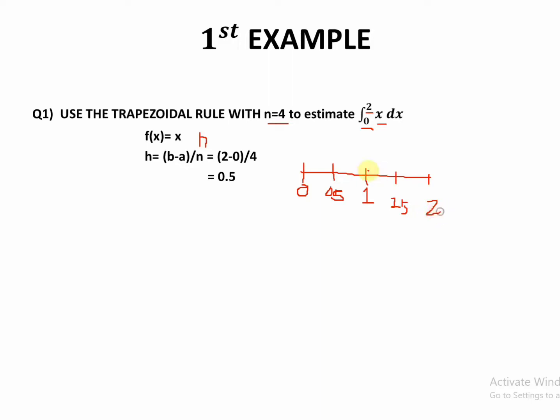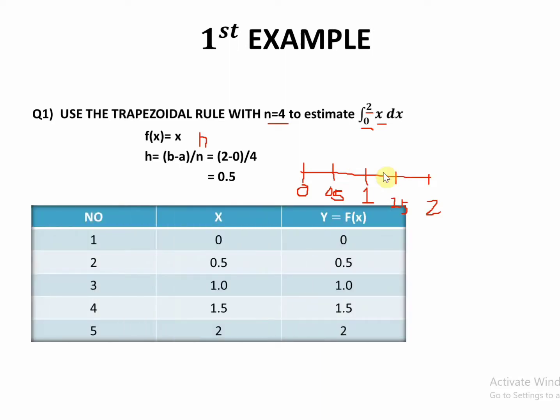So you can see here the interval is 0.5 each time. Now we have to prepare a table like this. You can see the values of x here: 0, 0.5, 1, 1.5 and 2. And our function is f of x equal to x.